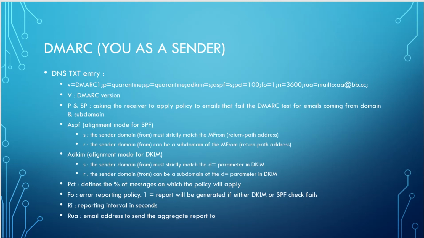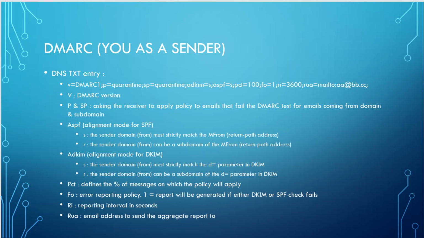Now for the alignment, I have selected strict for the SPF and for the DKIM. So the alignment mode for the SPF, as you know, is going to compare the domain in the from address of the sending user to the mail from, which is the return path address, the envelope from address.